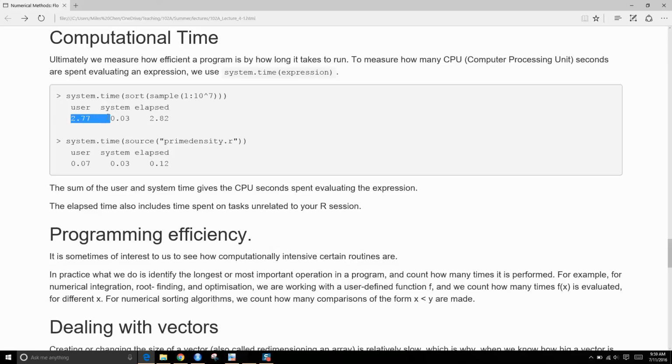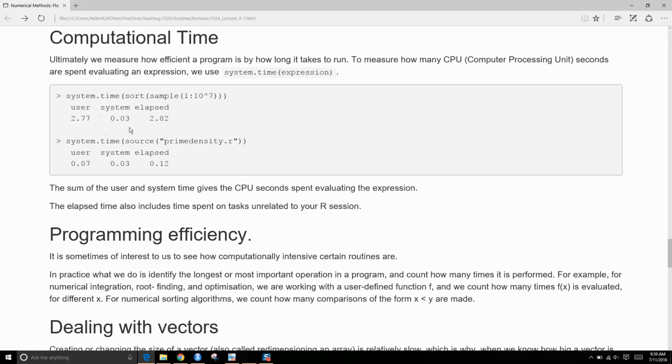So basically, the two numbers of interest would be user and system. This elapsed time is different, because your computer runs other things at the same time. So if you're watching a video on YouTube or something at the same time as doing computations in R, your elapsed time will probably be much greater than user plus system, okay?